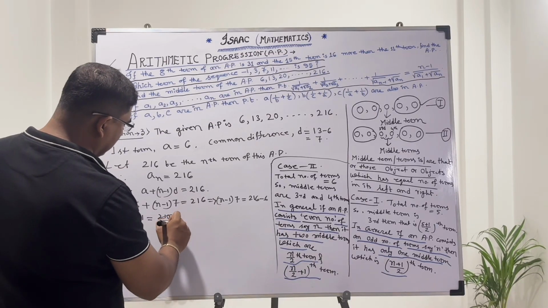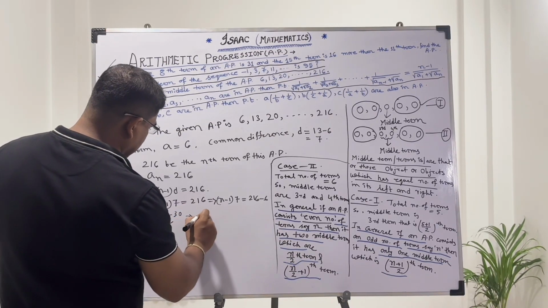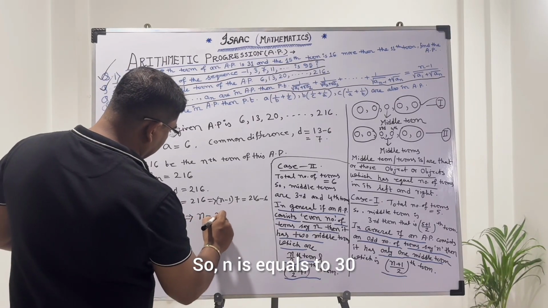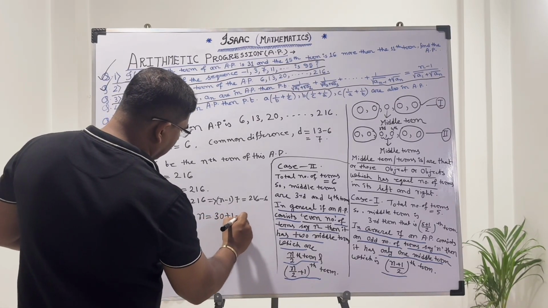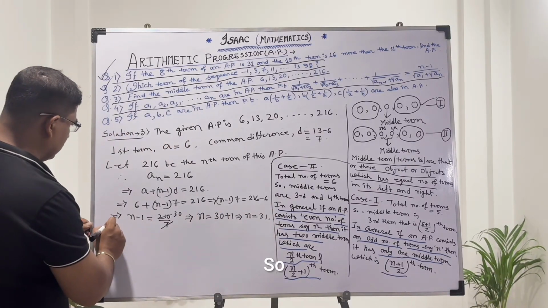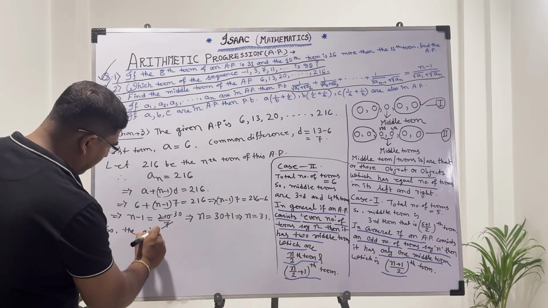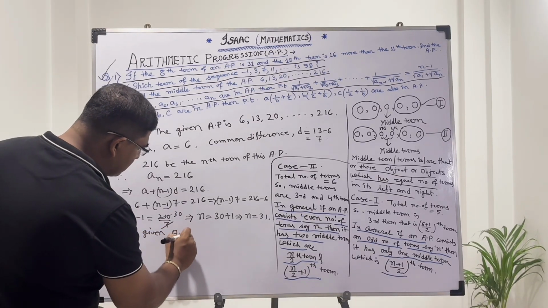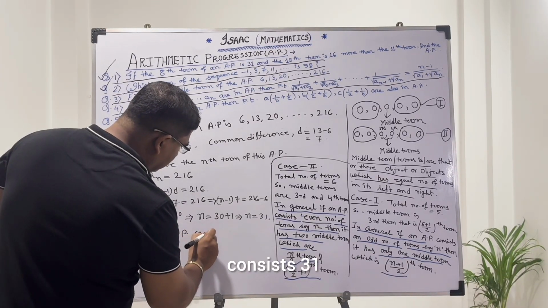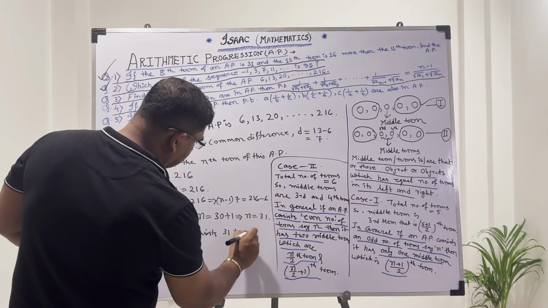Cancelling 210 and 7, we get 30. So n is equal to 30 plus 1. This will give n equals 31. Okay. So the given AP consists of 31 terms.